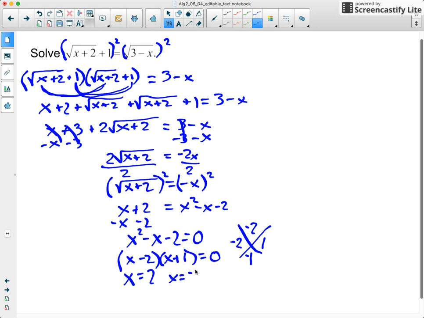Now, to check these solutions, we would actually take 2 and -1 and substitute them into the original equation, in order to prove that they are the solutions. And you can certainly do that to identify if they both are, and in this case, they in fact both are.